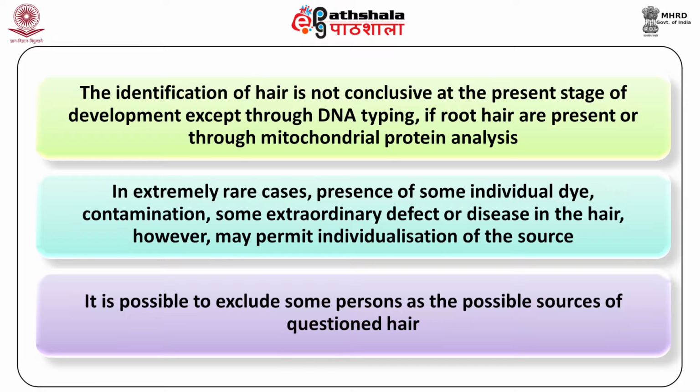On the other hand, it is possible to exclude some persons as the possible sources of questioned hair. This exclusion, the possible corroboration and its identification now with new techniques make the hair evidence one of the important pieces of physical evidence.